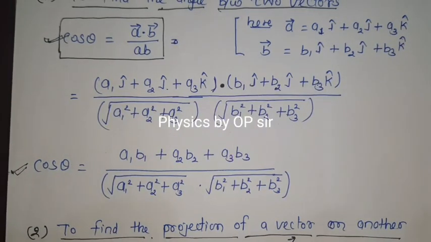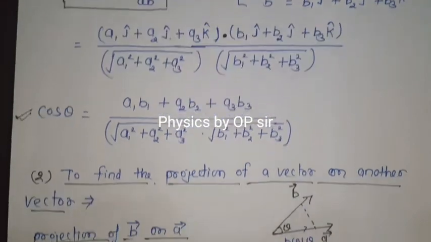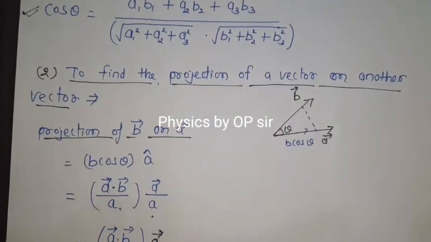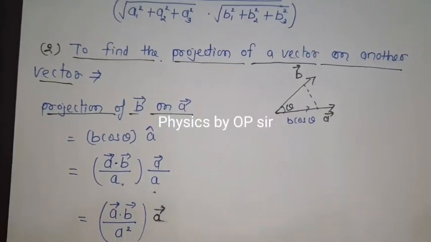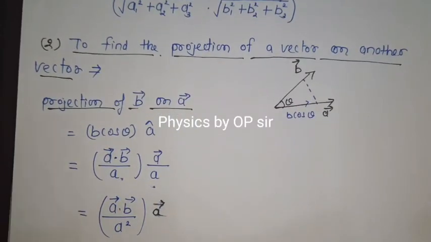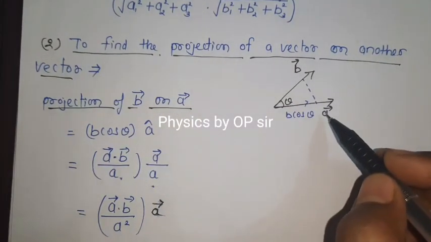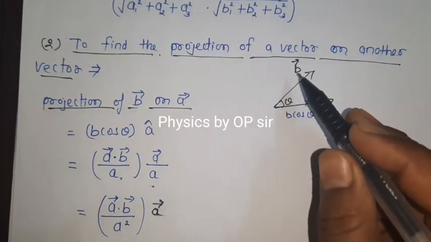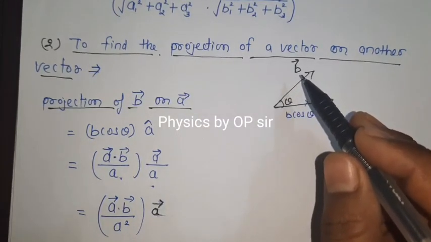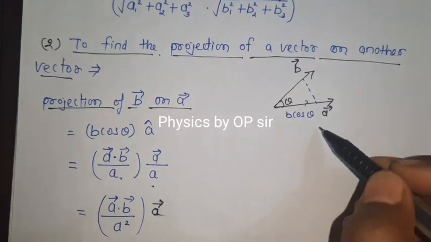The next use of this scalar product is to find the projection of a vector on another vector. Suppose we have two vectors, a vector and b vector, and we want to find the projection of b vector on a vector.